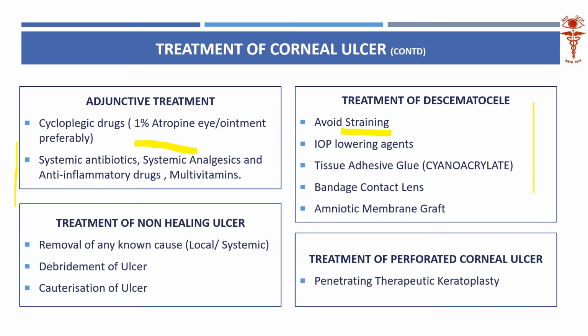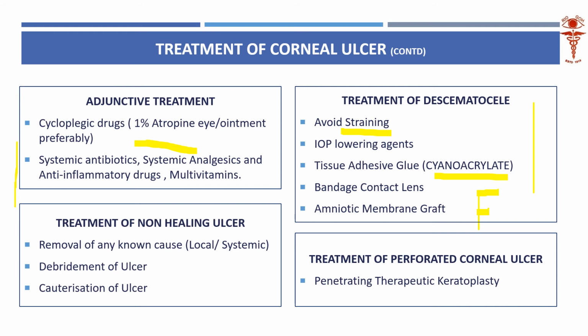Then you give tissue adhesives. If there is a microperforation, if the descemetocele has a small perforation, then you will use glues. The glues can be cyanoacrylate glue or fibrin glue. Fibrin, not blood clot, fibrin glue can be used. We can use a bandage contact lens over the corneal ulcer, and this contact lens will have zero power.